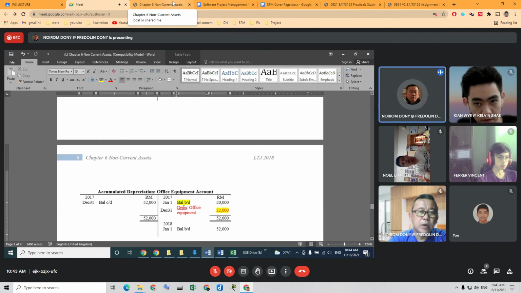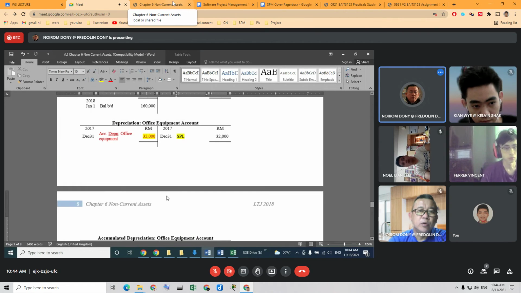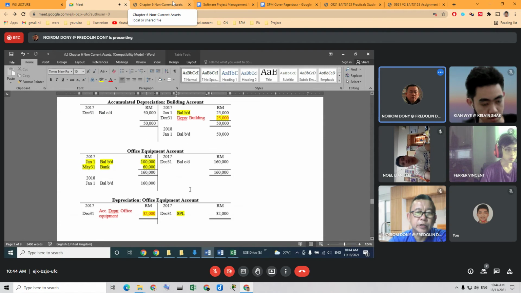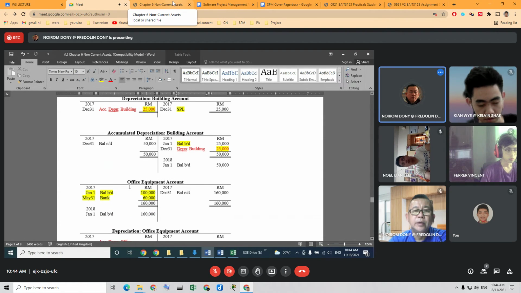Okay, what about the balancing off? Can you understand this? I just explain one, and that represents the rest, like motor vehicle or furniture. I explained office equipment, so that represents how we close off and balance off the asset account.